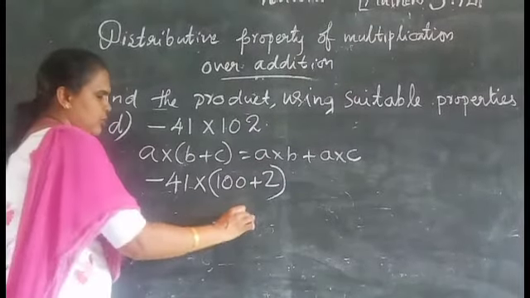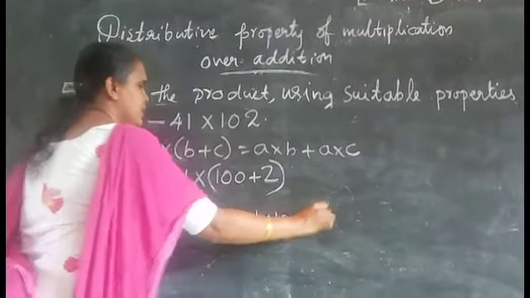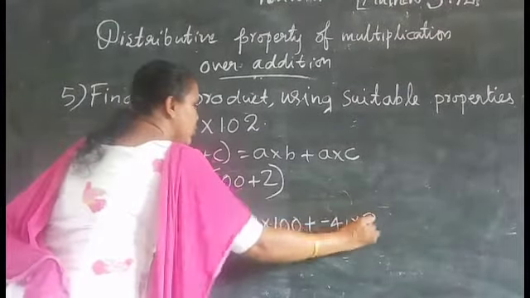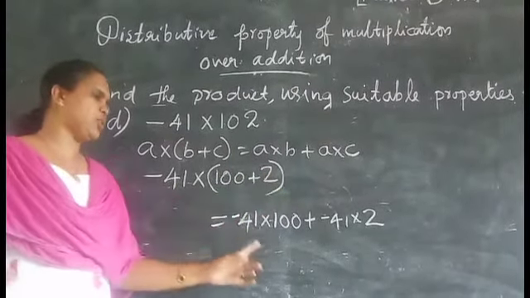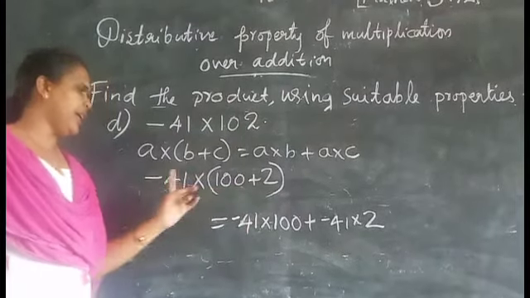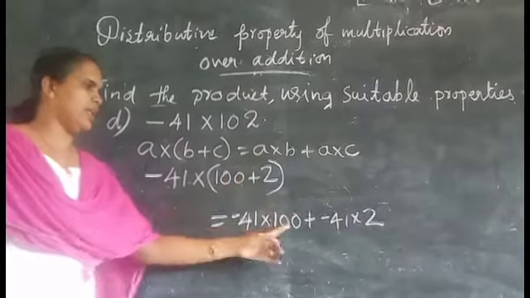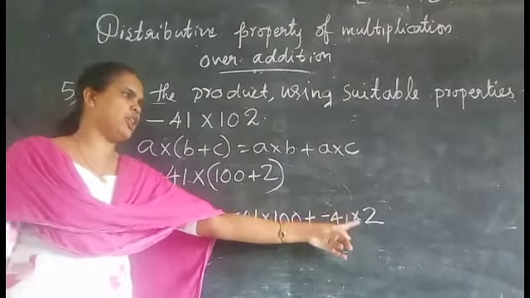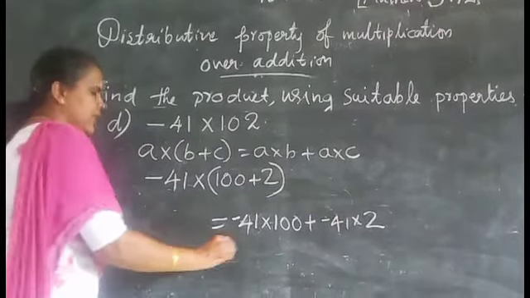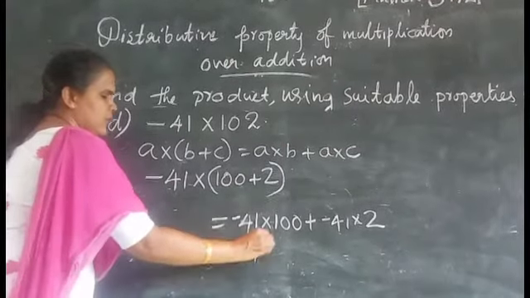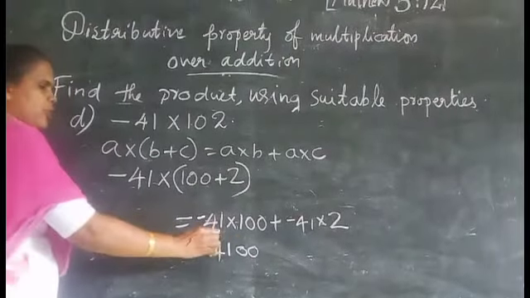So we can apply these numbers in the form of A into B plus A into C. Negative 41 into 100 plus negative 41 into 2. This is the A into B plus A into C form. A is negative 41, B is 100, and in the place of C is 2. So again we find negative 4,100, easy to get, 41 into 100.